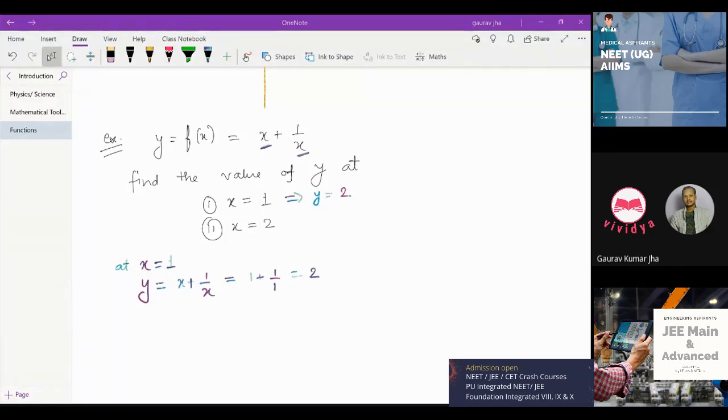So now let's see, at x equal to 2, the value of y will be given by x plus 1 by x, whatever the value of x is. Now we'll put the value of x equal to 2. So 2 plus 1 by 2. Obviously 2.5 or 5 by 2, whatever answer you give, it's all correct.